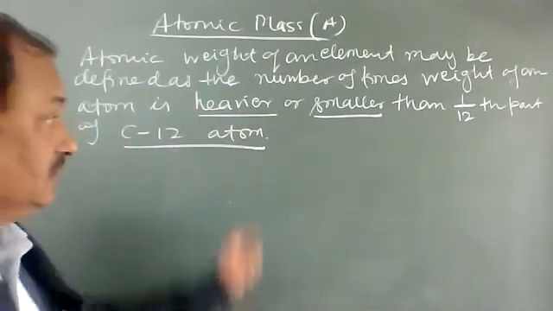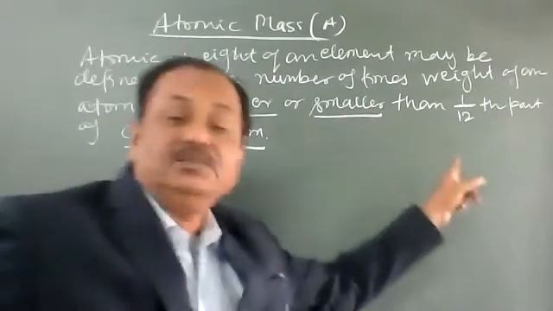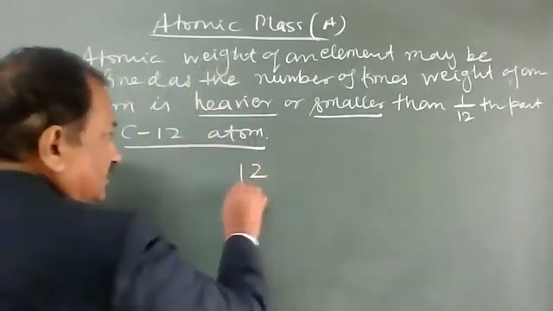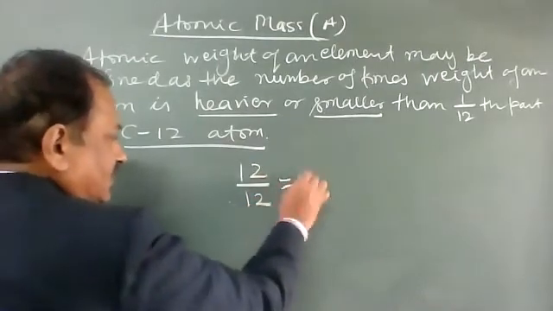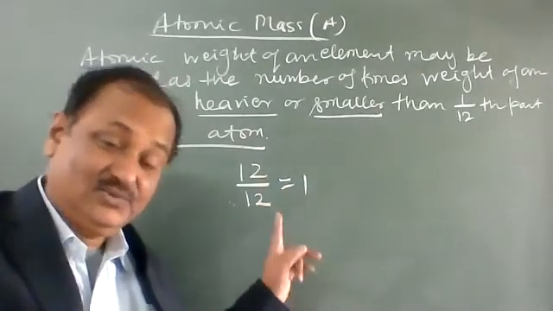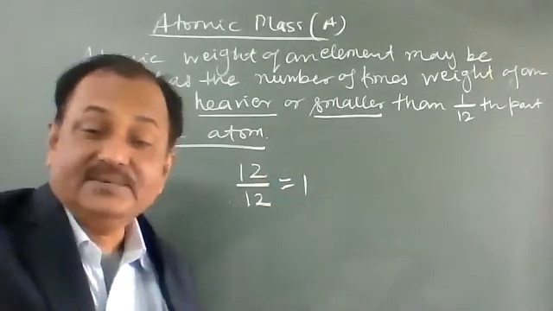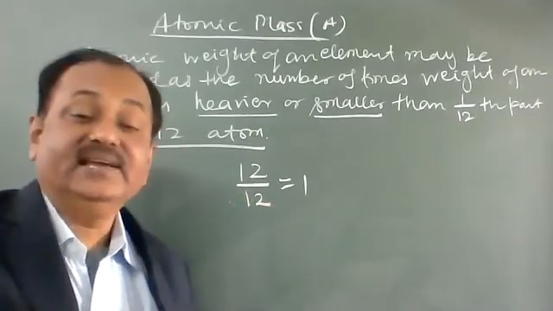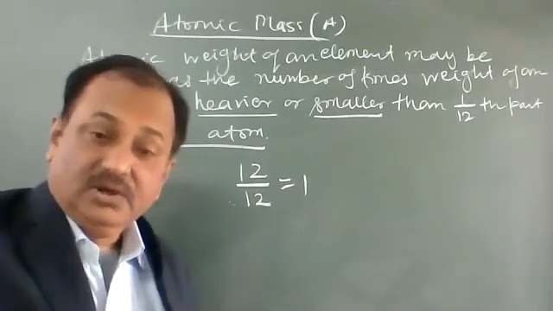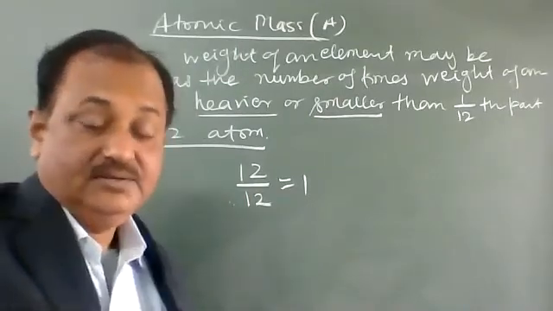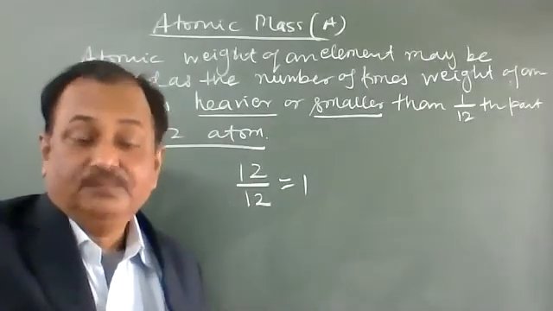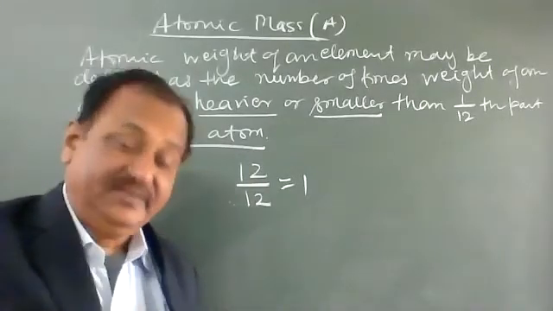So the point is the 1 upon 12th part. If you divide this by 12, it becomes 1 as absolute mass. That's why carbon 12 has been taken as a reference element to find the atomic masses. It is a point of comparison.